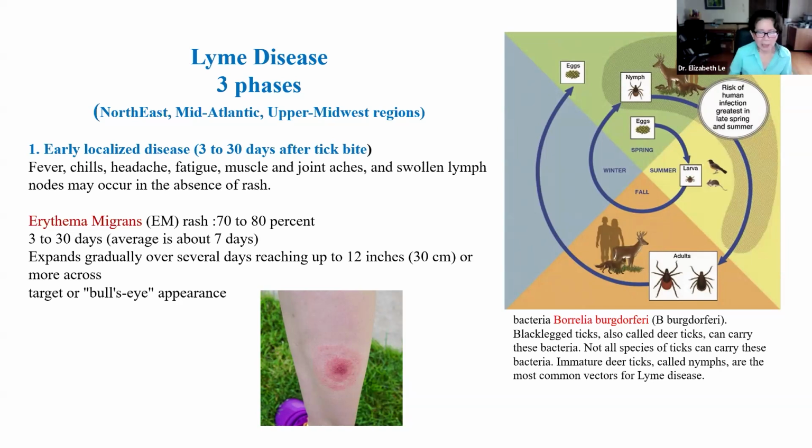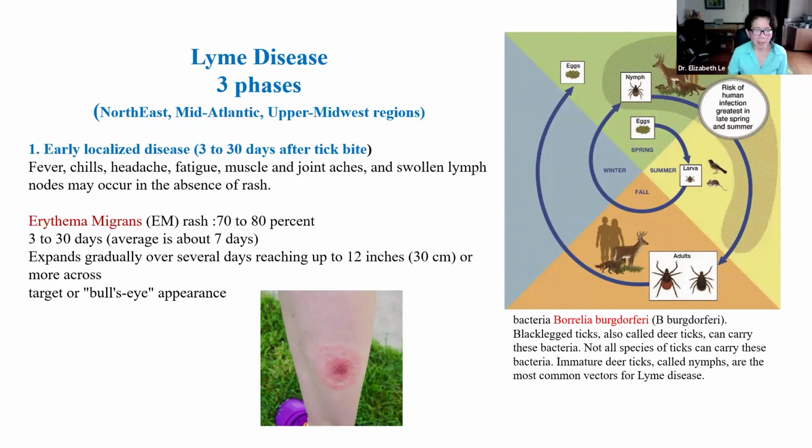So Lyme disease has 3 phases. Number one is early localized disease that manifests between 3 to 30 days, and usually it comes with fever, chills, headache, fatigue, muscle and joint aches, and swollen lymph nodes, which may occur in the absence of a rash.